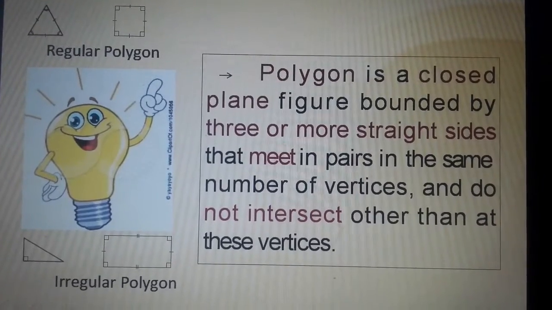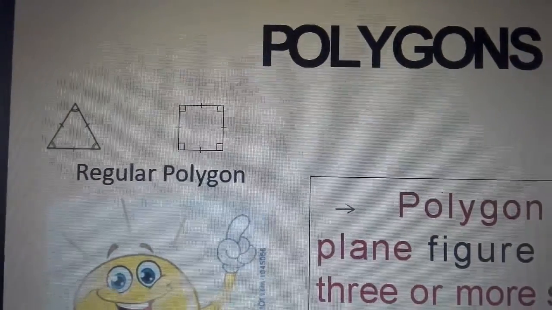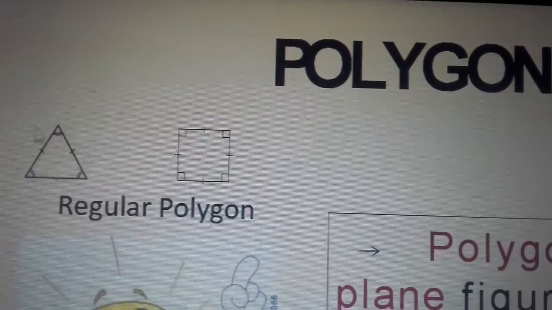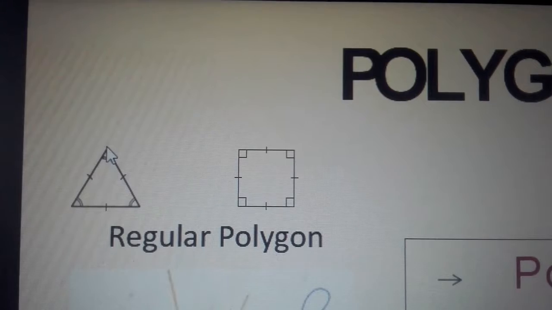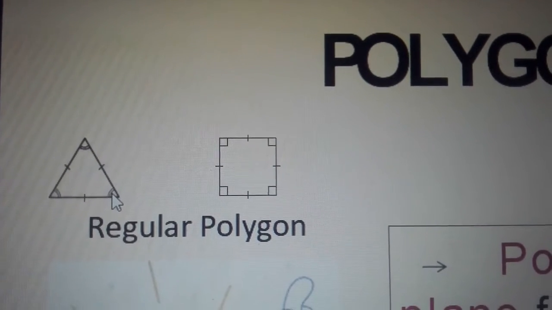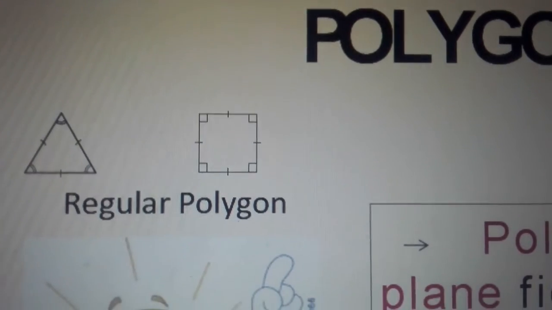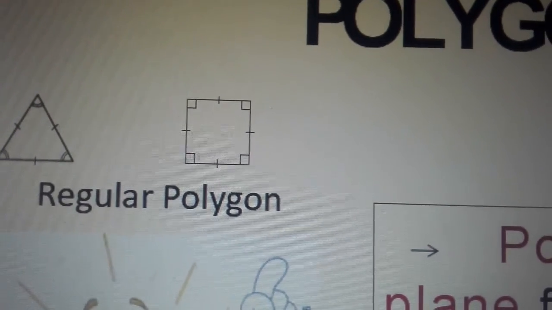Look here, two types of polygons are there. Regular polygon. Look here, it is a triangle. It consists of 3 sides, and all 3 sides are equal and the 3 angles are also equal. The next one you see is a square. It has 4 sides, and the 4 sides are equal and the 4 angles are also equal.